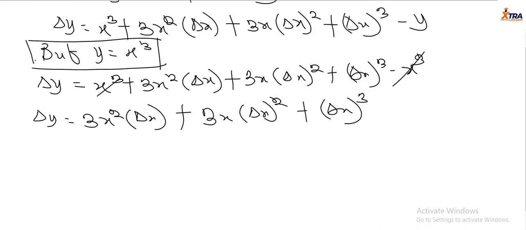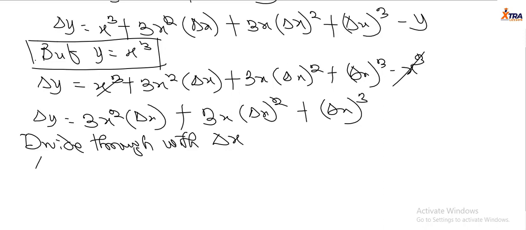So the next thing is just for us to divide through with delta x.